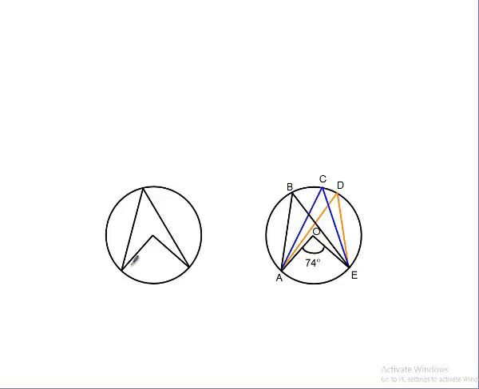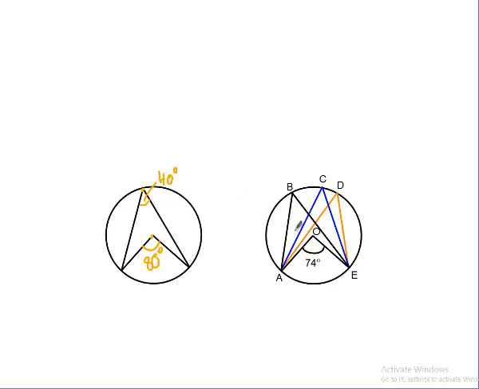Now when you look at this, you see our angle here again. We said that we are taking it to be 80 degrees arbitrarily, and if this angle is at the center of the circle, then the angle at the circumference will be half the size. So this angle will be 40 degrees.